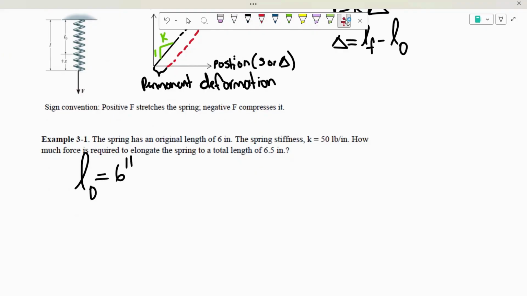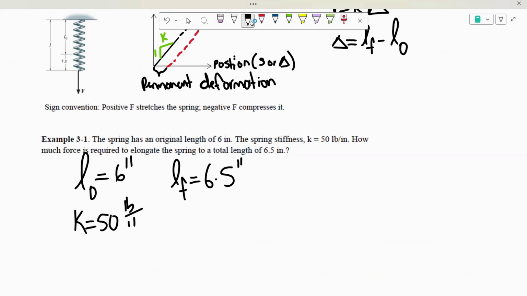Then we are given that the spring stiffness is 50 pounds per inch, so our K is 50 pounds per inch. And we are trying to find how much force is required to elongate the spring to a total length of 6.5 inches. So L final, the final length, equals 6.5 inches.